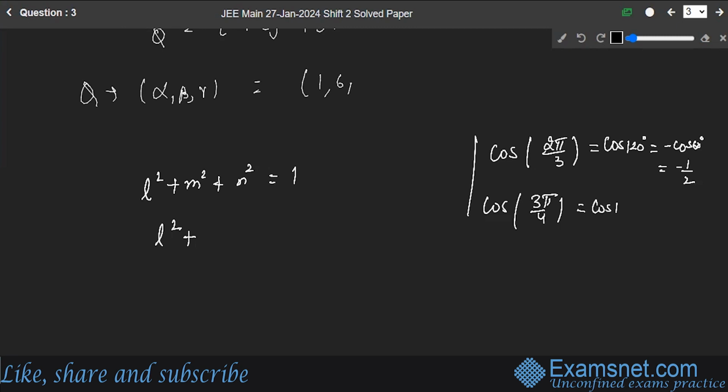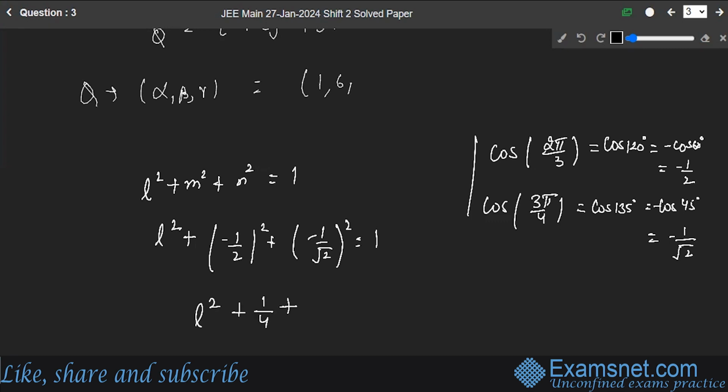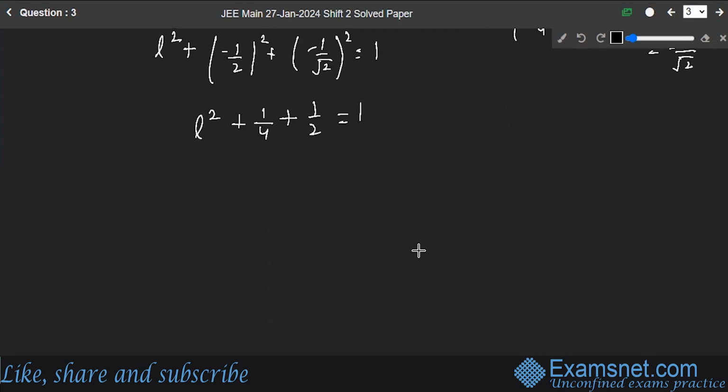And this will be equal to cos 135, or minus cos 45, or minus 1 by root 2. So here, L square plus 1 by 4 plus 1 by 2 is equal to 1, or L square is 1 minus 1 by 4 minus 2 by 4, that is 4 minus 1 minus 2 upon 4, which will be equal to 1 by 4.